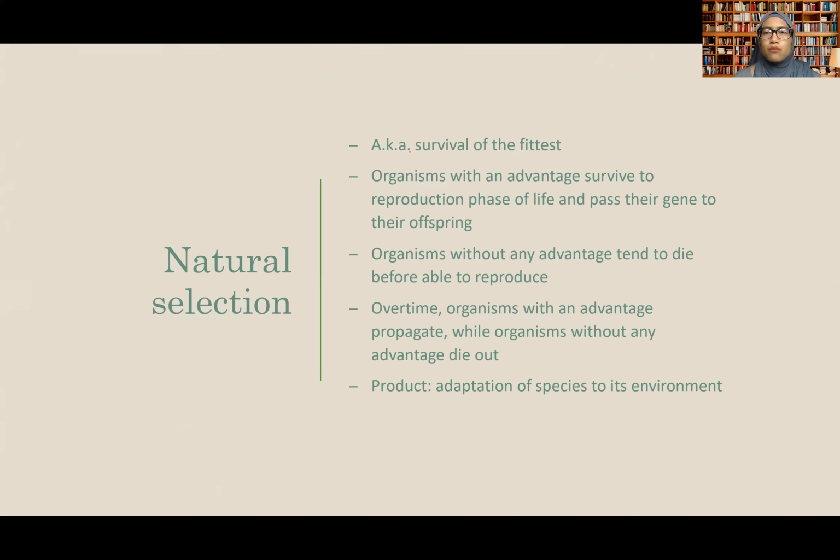So over time, there will be more eagles with good eyesight and fewer with bad eyesight, and the eagles with bad eyesight might go extinct. The product of natural selection is adaptation of species to its environment. If you see stick insects, that is one type of adaptation. It's mimicry.